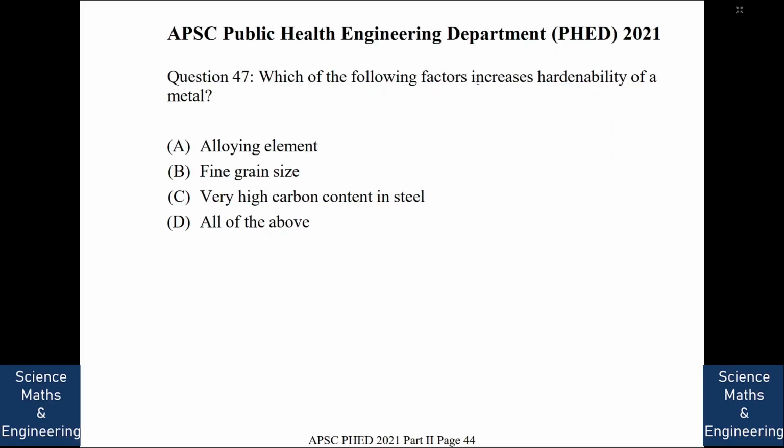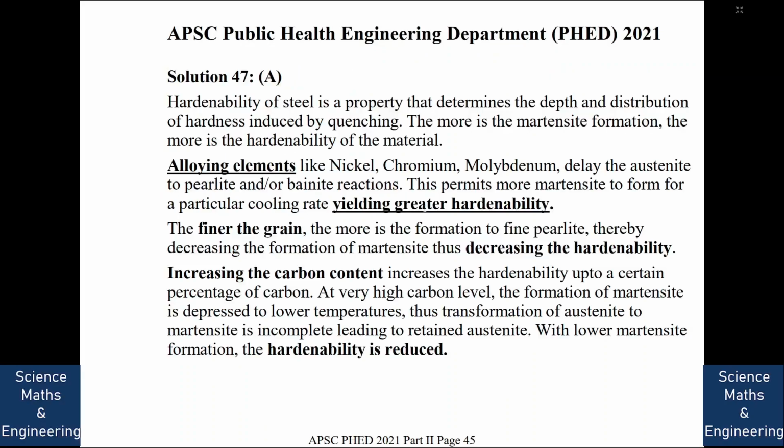Okay. So we'll go to the next question. Which of the following factors increases hardenability of a material? Alloying element, fine grain size, very high carbon content in steel, or all of the above? So the answer is: the hardenability of steel is a property that determines the depth and distribution of hardness induced by quenching. So the more martensite formation there is, the more the hardenability of the material.